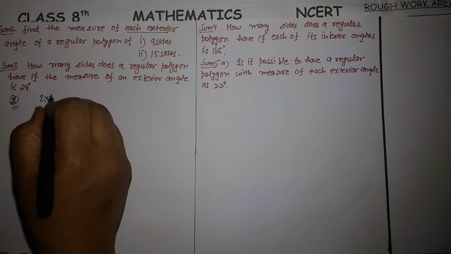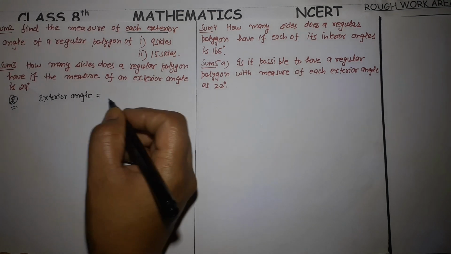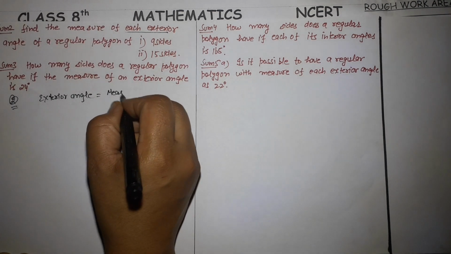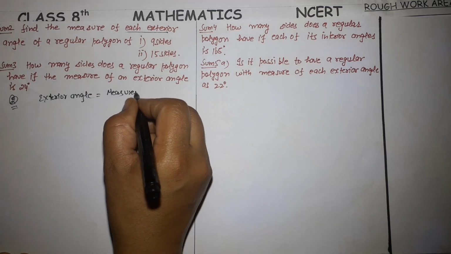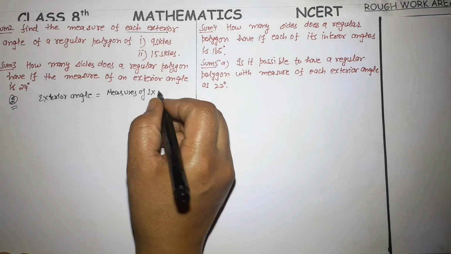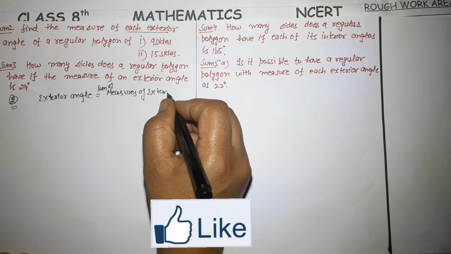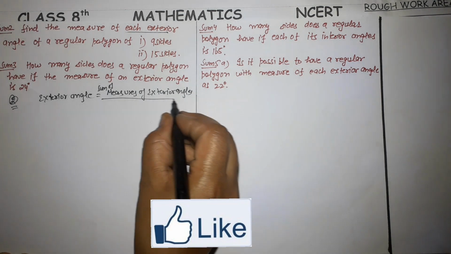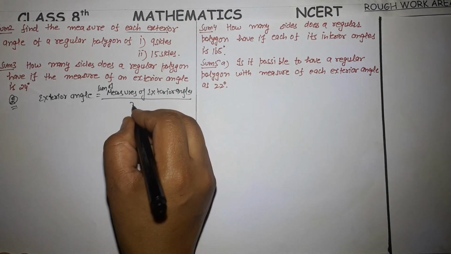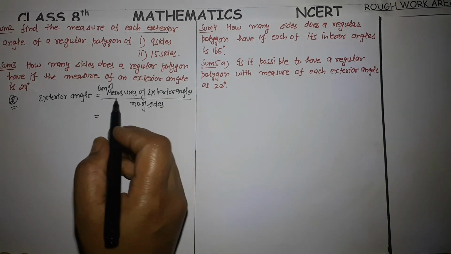Exterior angle equals sum of measures of exterior angles divided by number of sides.